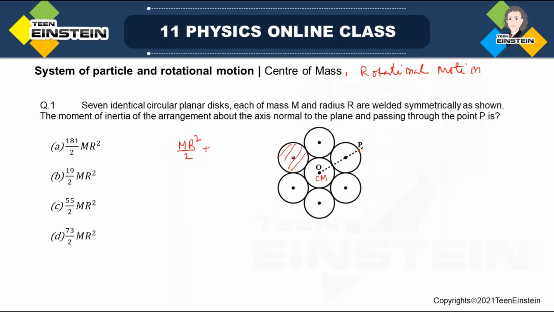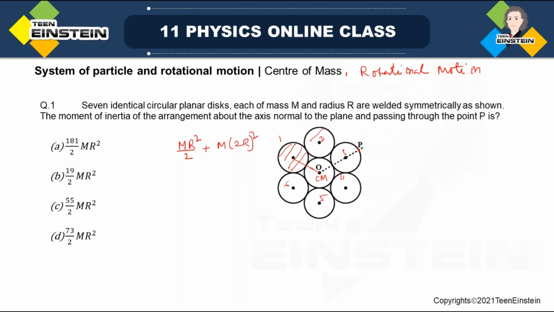This is the moment of inertia about its own center of mass, and this will be M into d square, where d is 2R here. You can see here, M d square, that is 2R whole square. So this will be the moment of inertia of this particular disk about this O. So I have 6 such disks. This is 1, this is 2, this is 3, like that, up to 6.